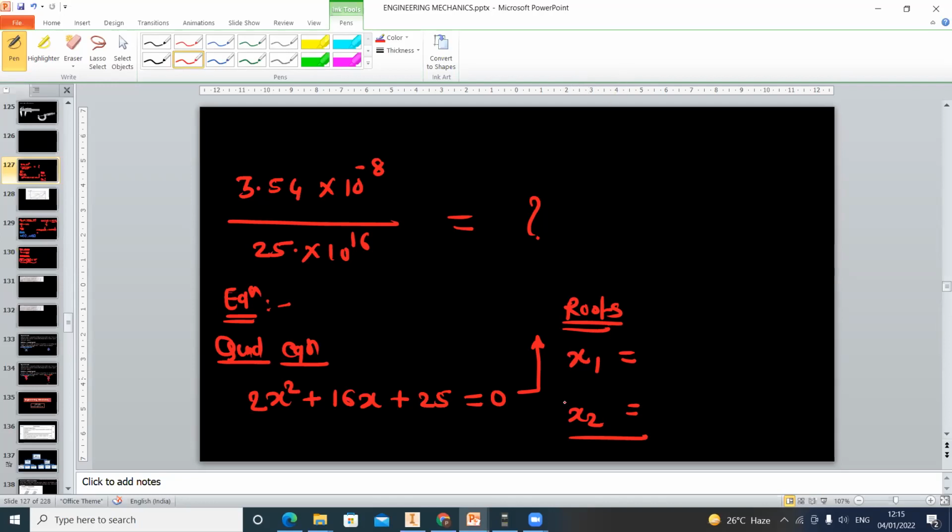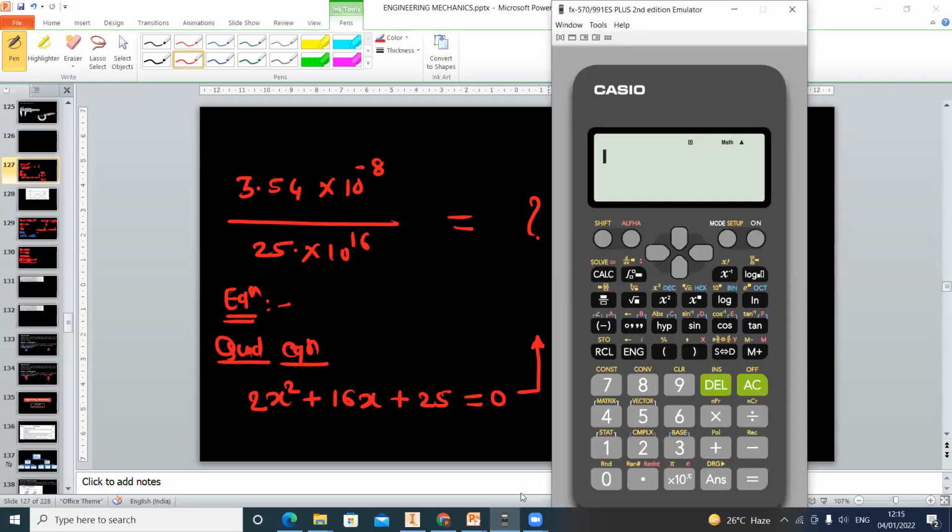For that, there is one equation mode. For the equation mode, you have to select the mode option. In the mode menu, there is the fifth option, which is equation, EQN.